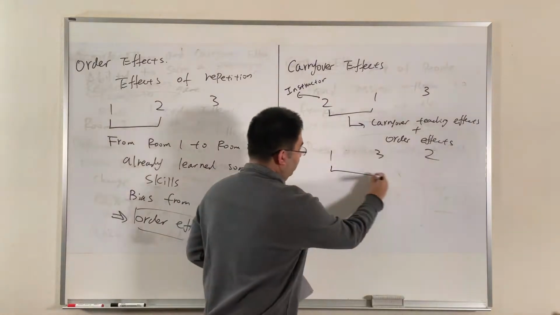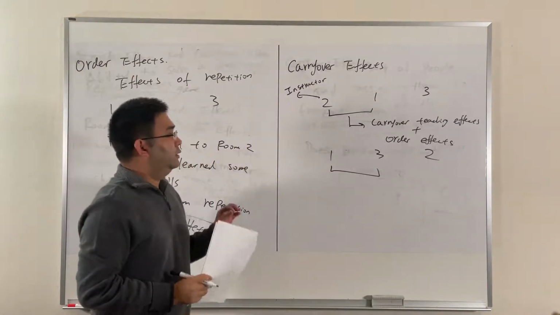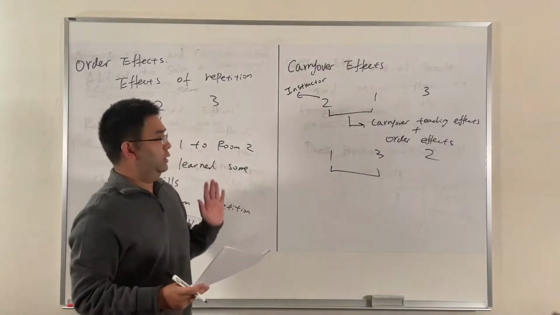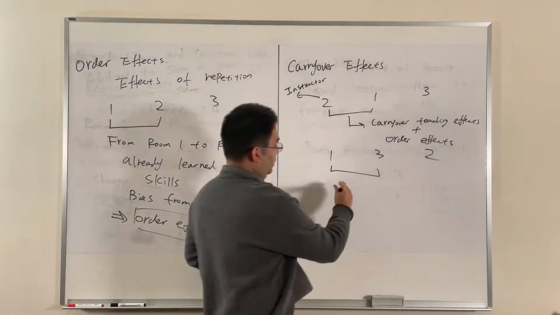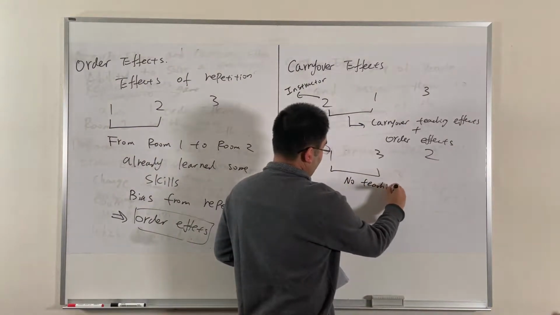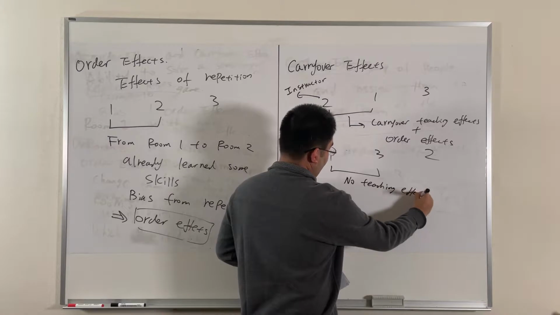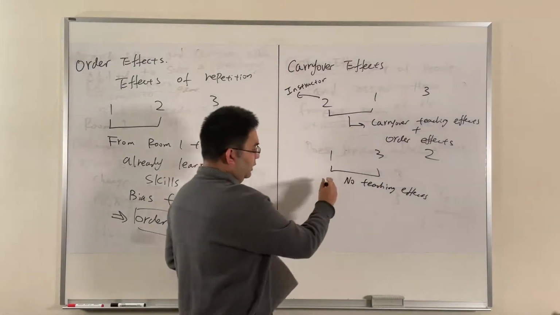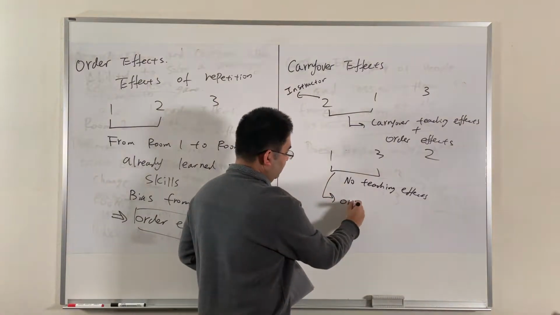From room 1 to room 3, there's no instructor in room 1, so there's no instruction and no teaching effects. So here, there are no teaching effects. Then what you only get here is your order effects.